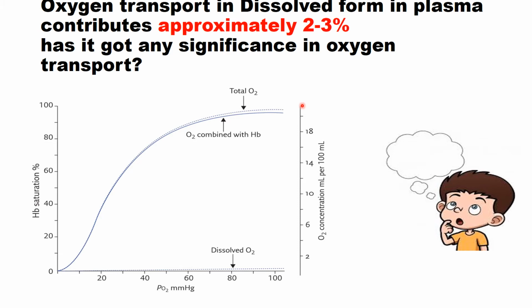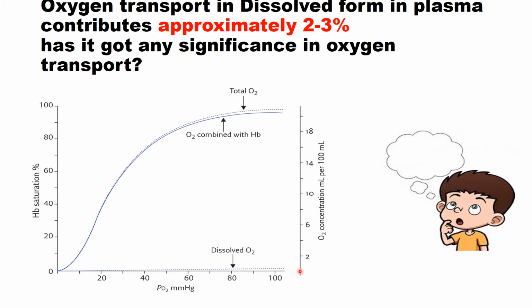The total oxygen content is 20 ml per 100 ml, and the oxygen combined with hemoglobin is approximately 19.5. The majority is being transported in the form of combination with hemoglobin, and the dissolved oxygen is just 0.3 ml per 100 ml of the blood.